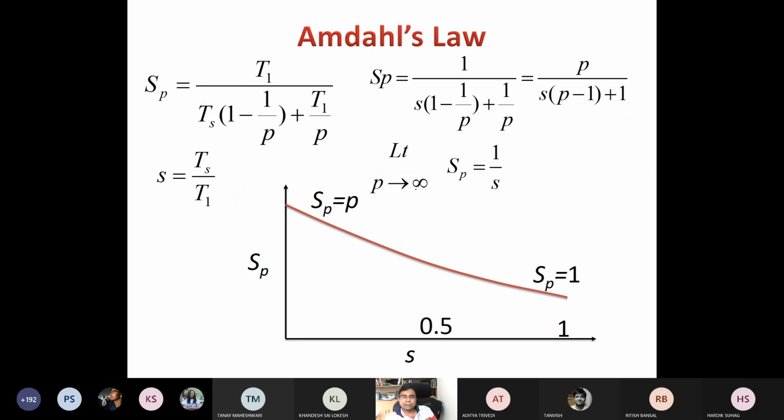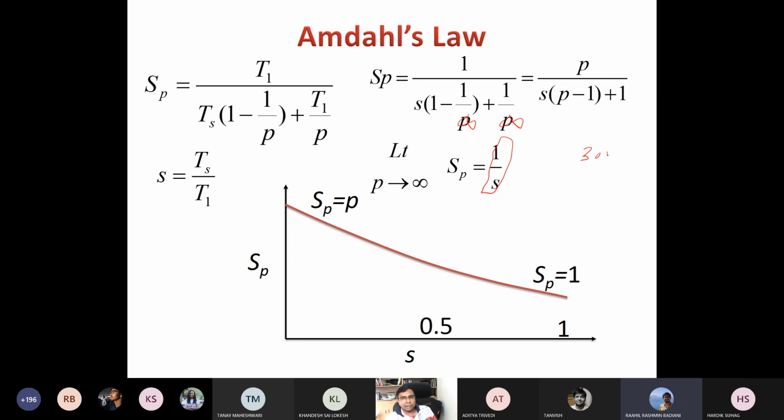suppose P is infinity. Suppose you make P equal to infinite, then what will you get? Ultimately this part will be 0, this part will be 0. Then speed up is limited by 1 by S. So in our earlier example, what is S?